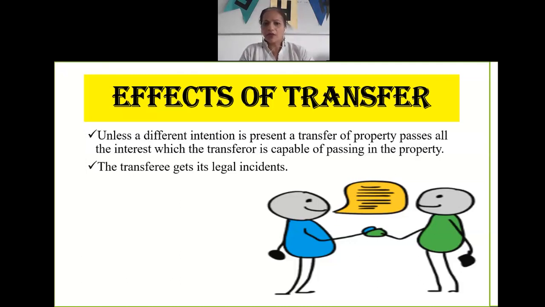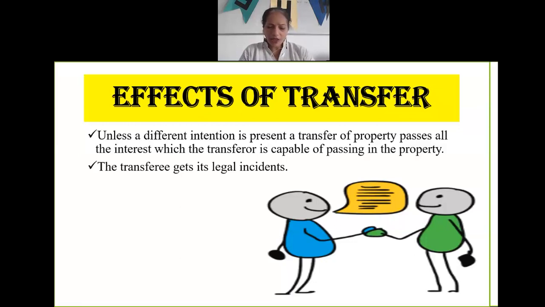But whenever we transfer the property from one person to another person, certain effects take place, and these are the effects of transfer. Now what are those effects? That is what we are going to see. Unless a different intention is present, a transfer of property passes all the interest which the transferor is capable of passing in the property.